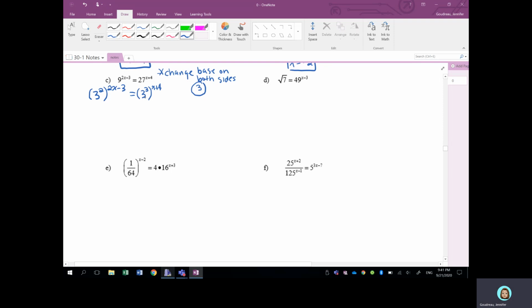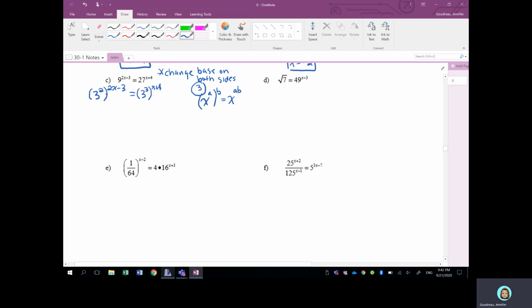Step 2, we need to simplify so that we can get it to a single power on both sides with simplified exponents. We are going to use an exponent law here, the power to a power law. When we have a base x, and we raise that to an exponent a, and then we take that power and raise it to another exponent b, we can simplify that by keeping the base and multiplying the exponents, a times b.